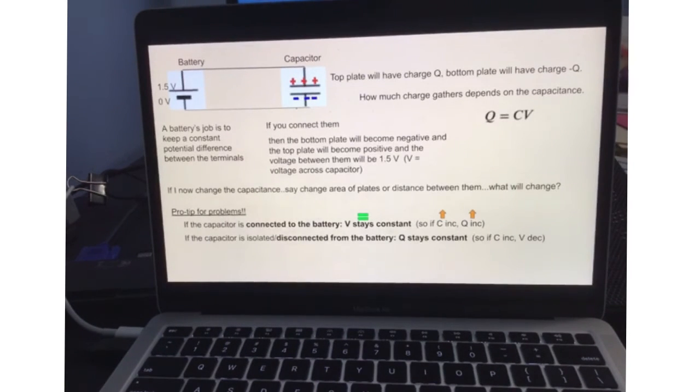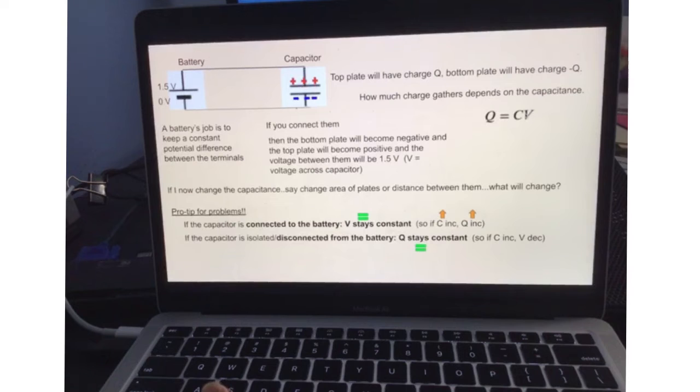Now, the other thing that can happen to a capacitor is, remember in that PhET lab, you could disconnect the wires. If the capacitor is isolated or disconnected from the battery, then the charge has nowhere to go. So Q stays constant.